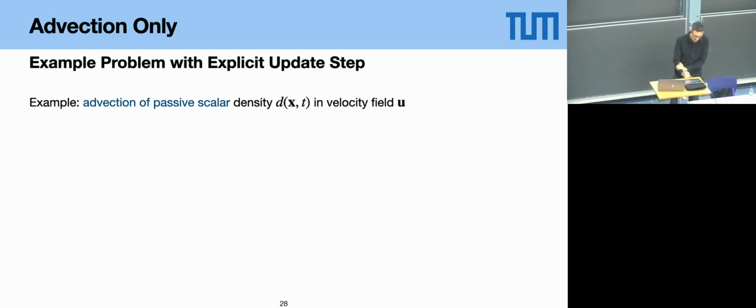As an example of how to get a differentiable advection step, what we can look at as a problem that explains the main ideas is a passive field, something like a smoke density, that should be moved in a flow field with some velocities u.